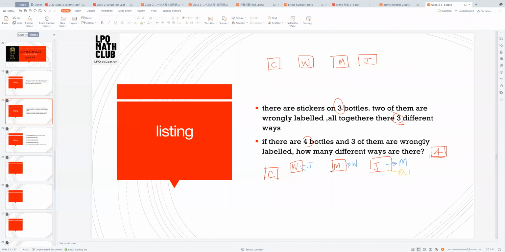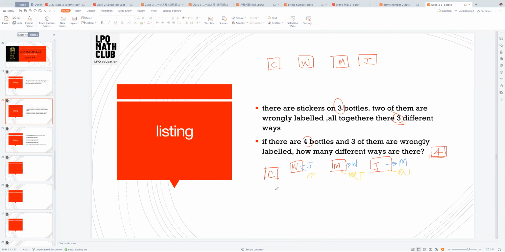So juice can be wrongly labeled as water, and milk could be wrongly labeled as juice, and water could be wrongly labeled as milk. Yes, I'm right. Because W, M, and N look so similar to each other.